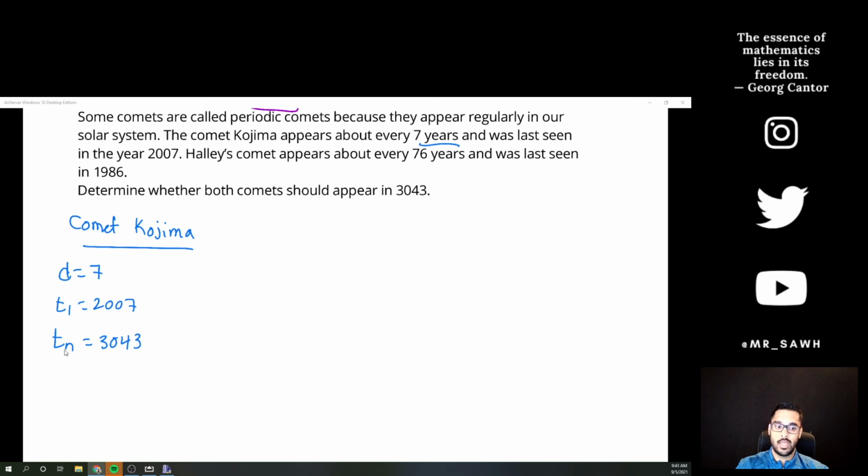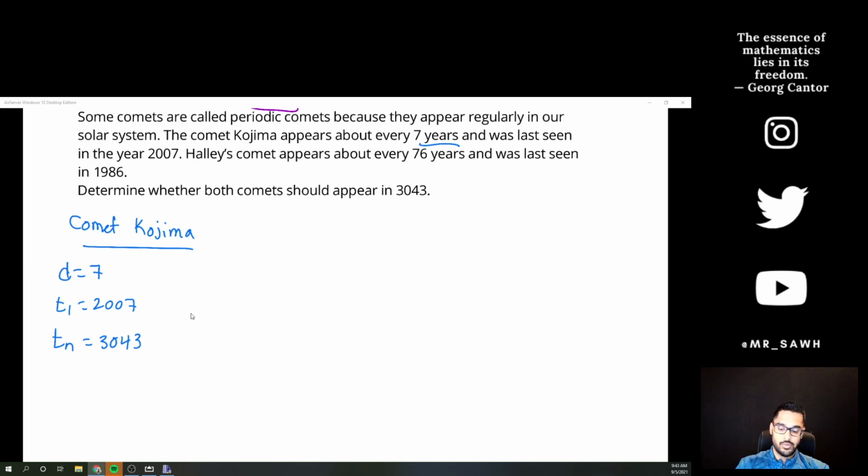If I can solve for n and it ends up being a positive whole number, a counting number, when that term value is 3043, then yes, it will appear in that year. So I'm looking for n such that it's a positive whole number. That's what we want.